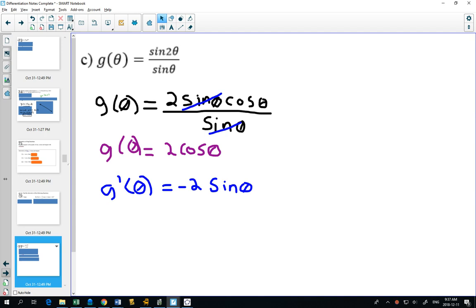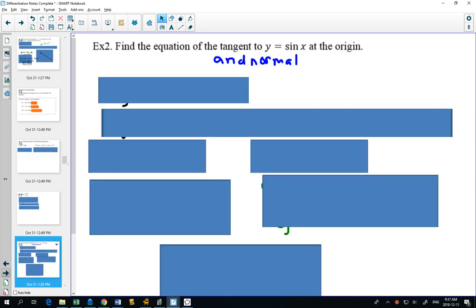And so then we have our tangent questions as well. Let's find the equation of the tangent and the normal, just to practice, to y equals sine of x at the origin. So how do we find an equation of tangent? We're going to need a point and a slope. We already have the point, 0, 0, at the origin.